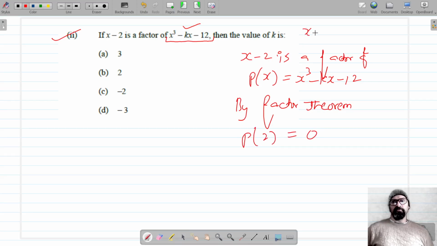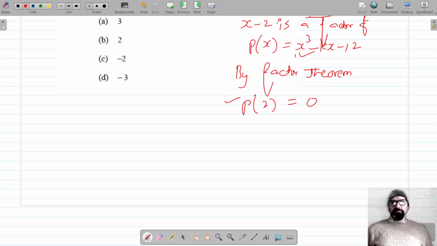So how do we get 2? x minus 2 is a factor of this polynomial, so let's equate x minus 2 is equal to 0, which gives me x is equal to 2. So if I substitute the value of x as 2 in this polynomial, that will be the remainder, and that should be equal to 0.